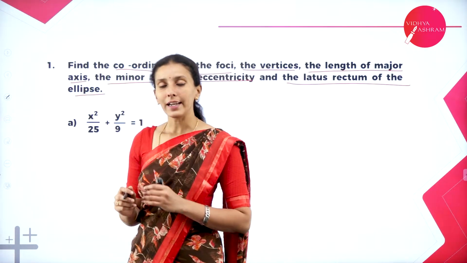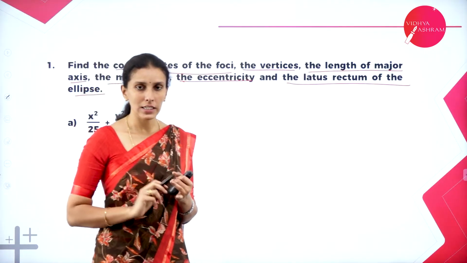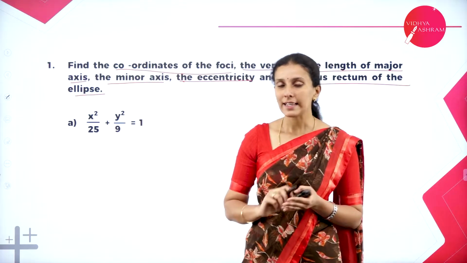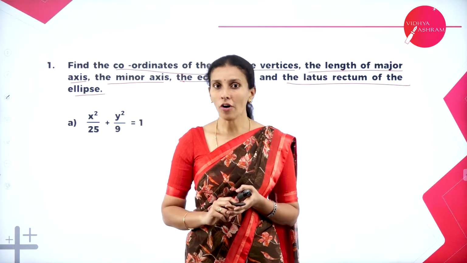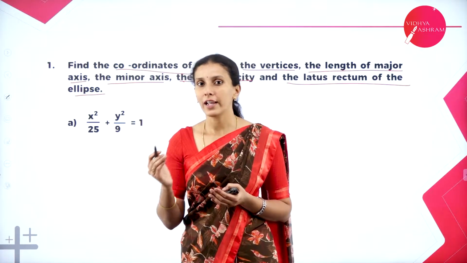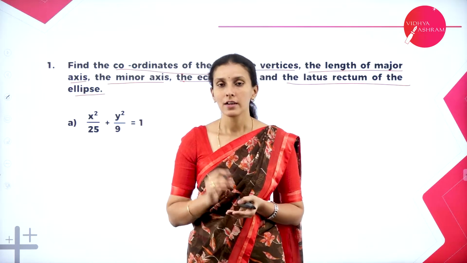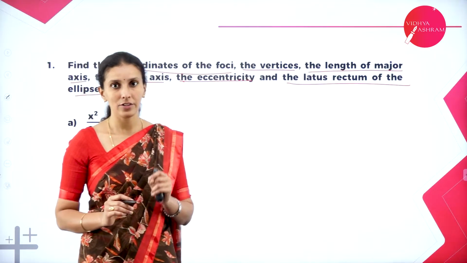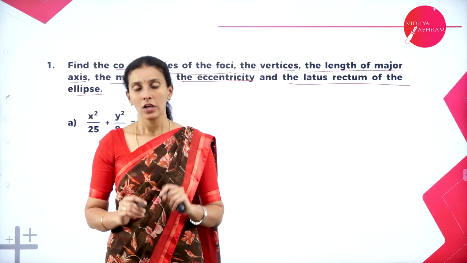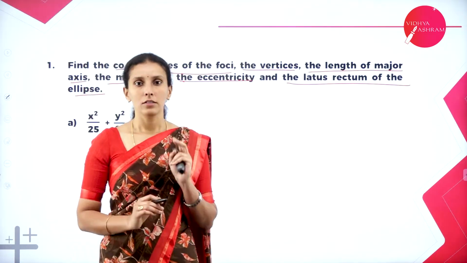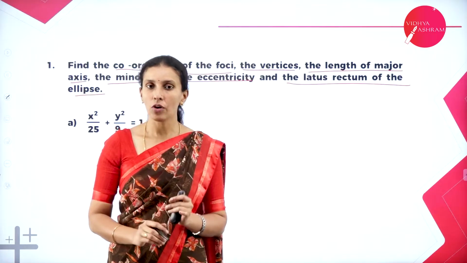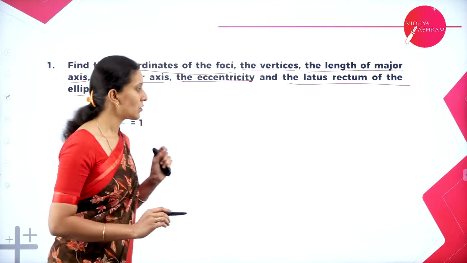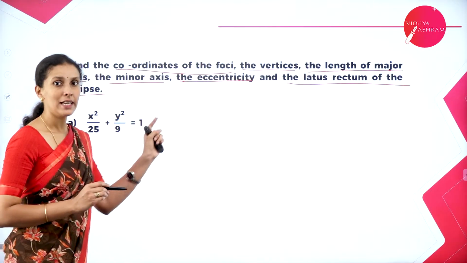We have studied already how we can write the distance between the foci, the length of major axis, the length of minor axis, eccentricity as the ratio of the distance between the foci and center to any one of the vertices, and also we have learned how to write the length of a latus rectum, that is 2b square by a. So, to find any one of the values, we need the values of semi-major, semi-minor and distance between the foci. That is, we need the value of a, b, c.